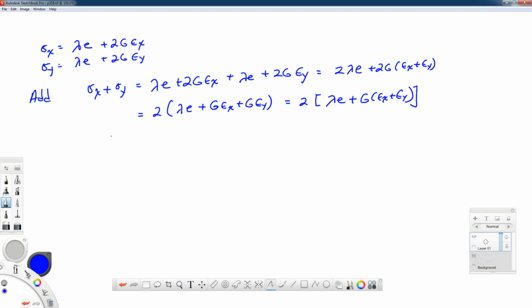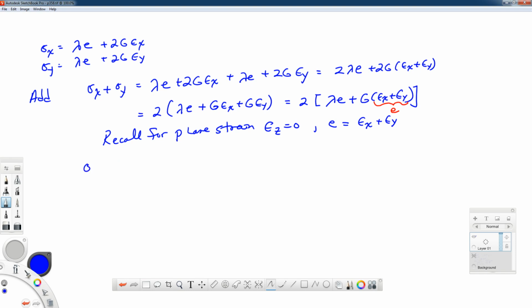Now recall for the plane strain problem that epsilon z is equal to 0. And so little e then will be equal to epsilon x plus epsilon y. So this term that I'll highlight here is the same as little e in the case of plane strain.